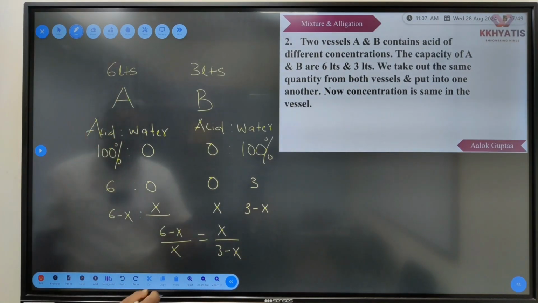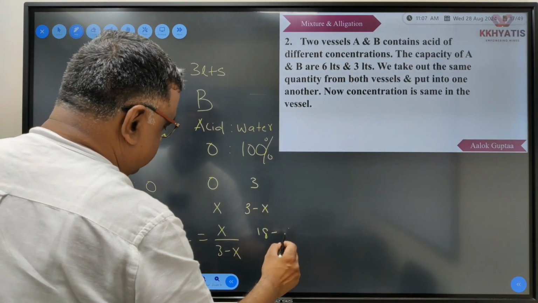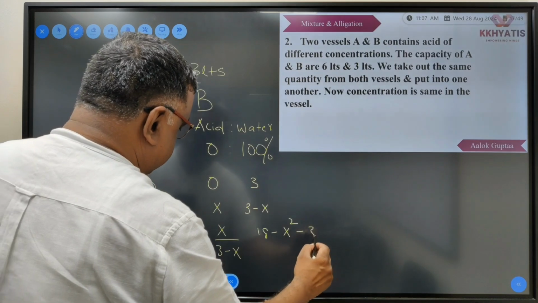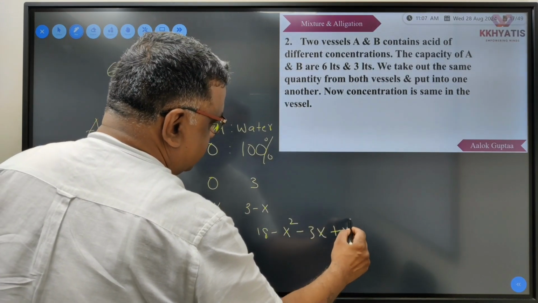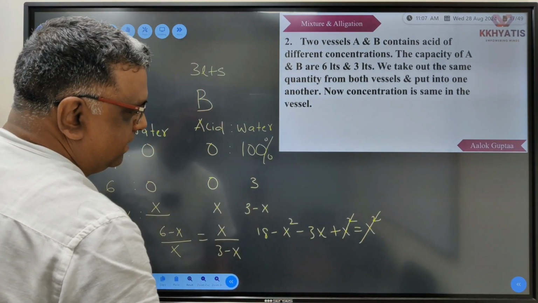That's what they are saying, which means 18 minus x square minus 3x plus x square is equals to x square. That's what they are saying. X square will cancel.